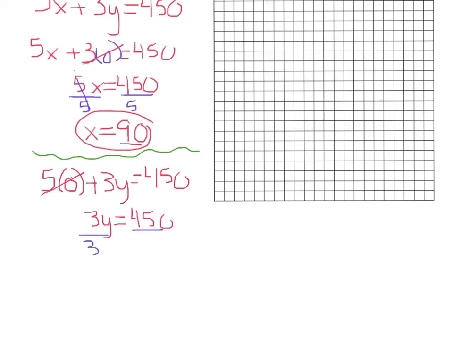Divide both sides by 3, so y equals 150. So you have the x and the y intercept. So now we have to graph those two intercepts.